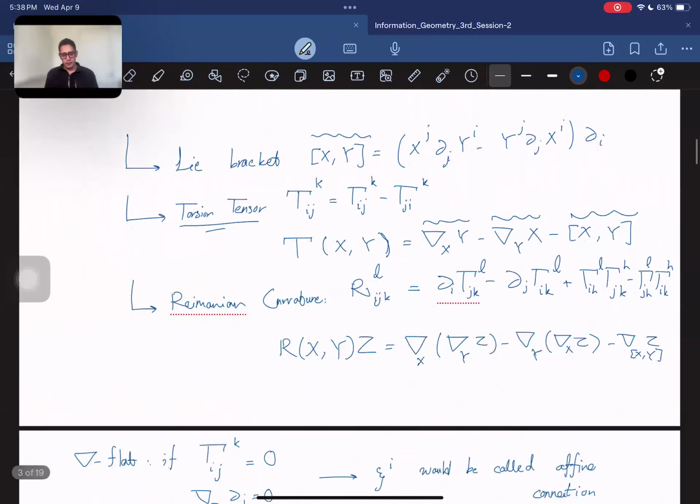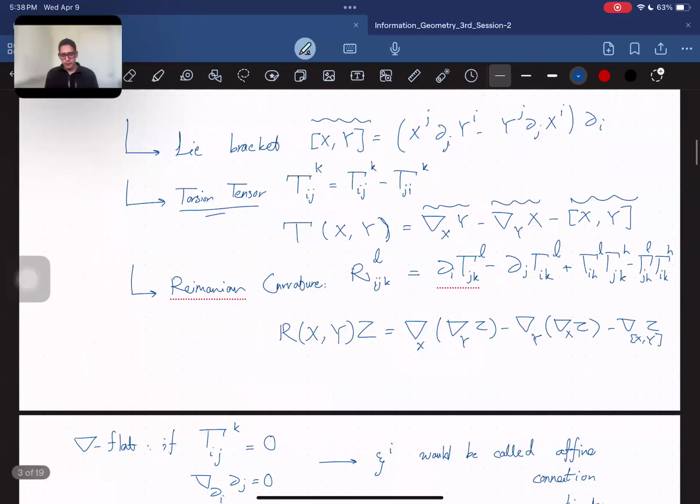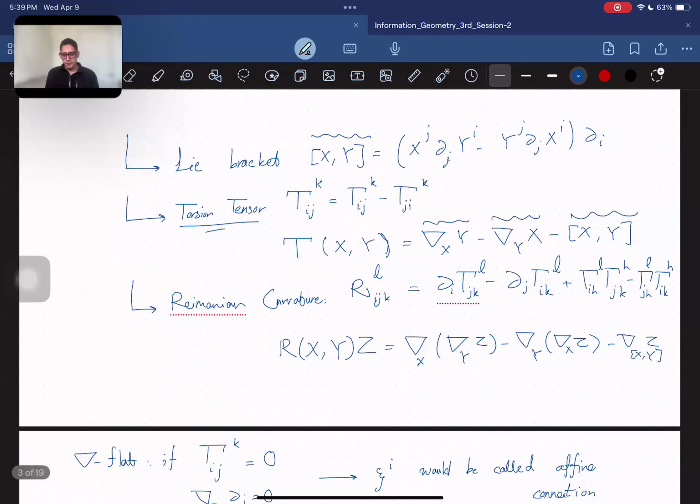And then we define Riemannian curvature, which is exactly, if you have a vector Z, what's the difference between if you move Z with respect to Y, then X, and if you move Z with respect to X, then Y. So this is the vector we have.